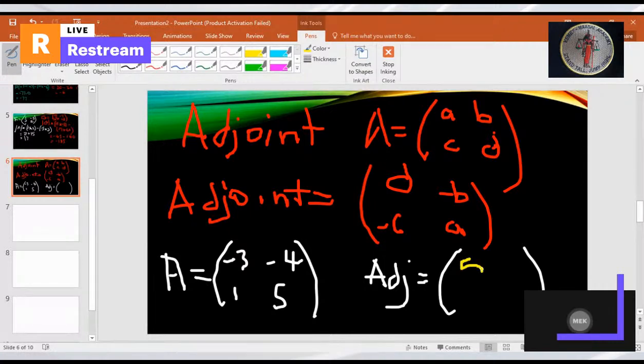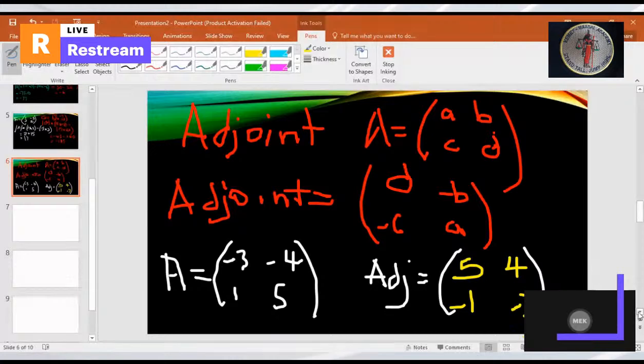That was D, it's now A. The -3 would come there. That was A, it's now D. We don't change the signs for the A and D, you don't interfere with the sign, just places. For the B and C now, they don't switch places, but we change the sign. So this was -4, that becomes a +4. This was 1, it becomes -1.